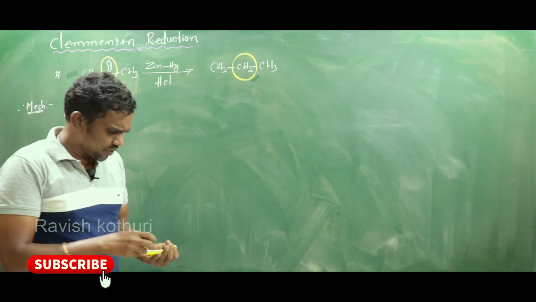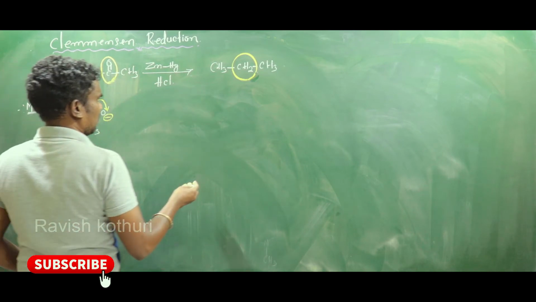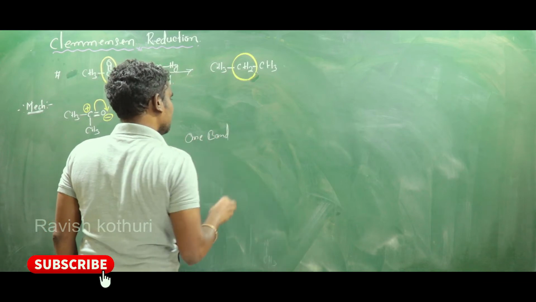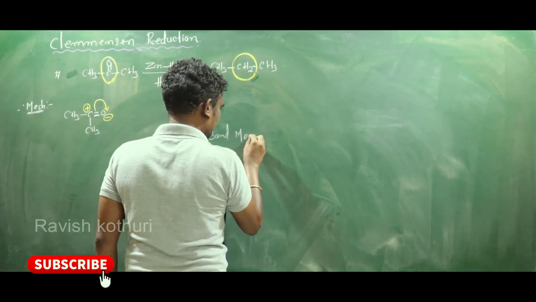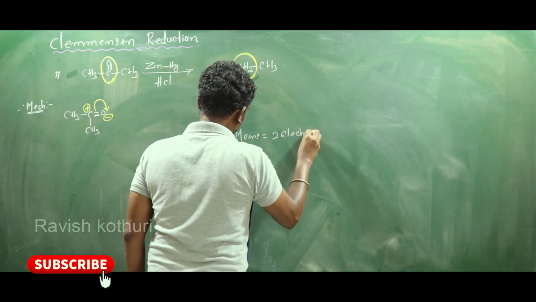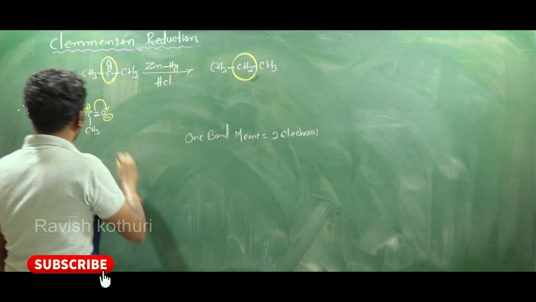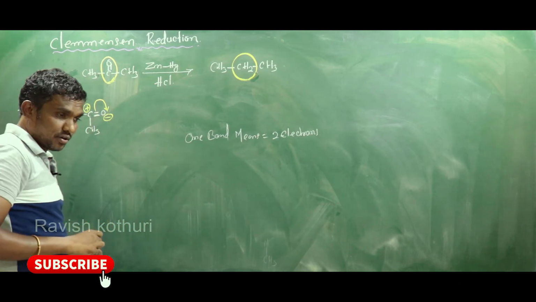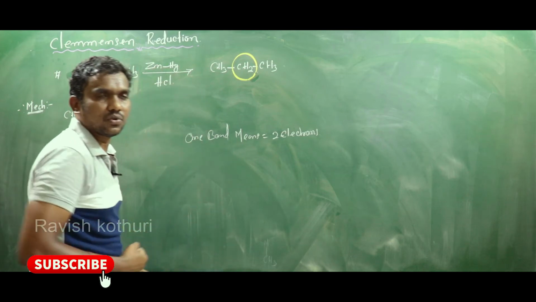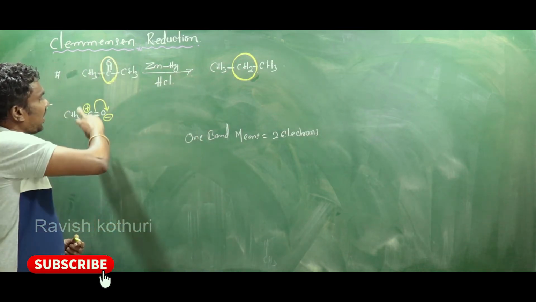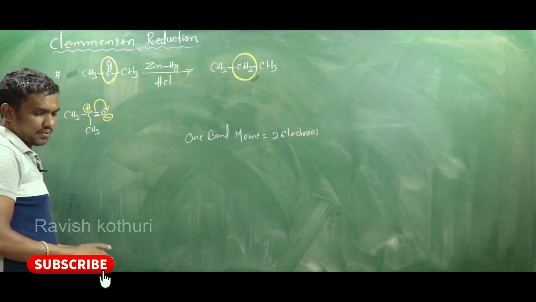Here the one bond means what, my dears? One bond means two electrons. How many electrons? Two electrons. See, sir, the two electrons are shifted on oxygen atom side. So this is called heterolytic cleavage, right? I hope you are clear.